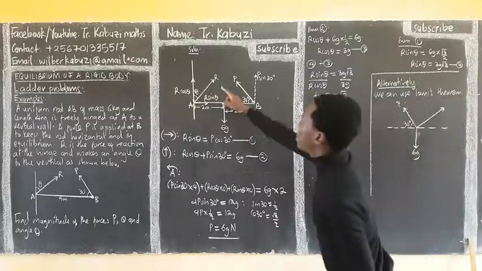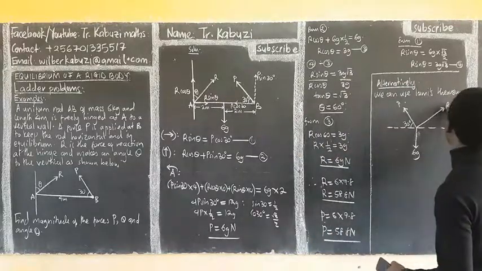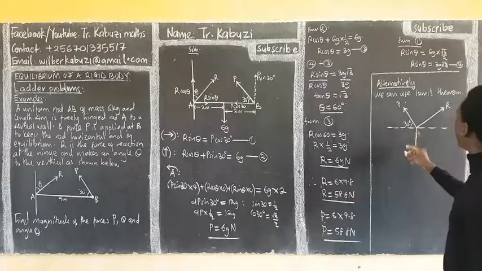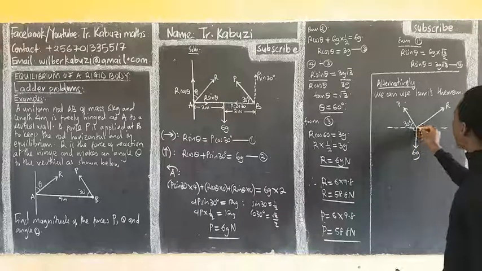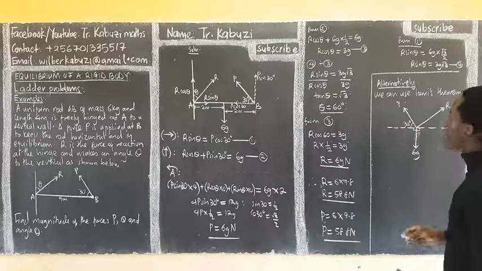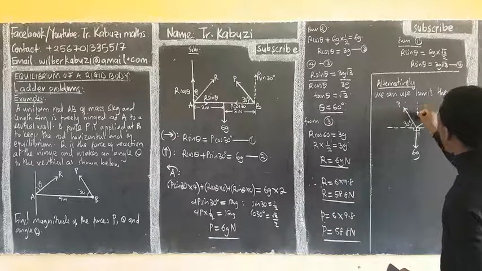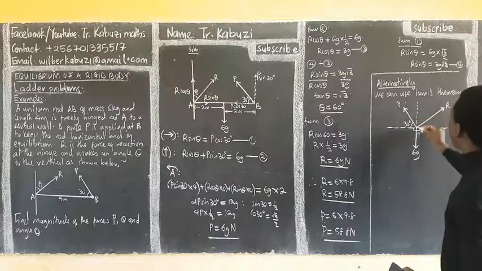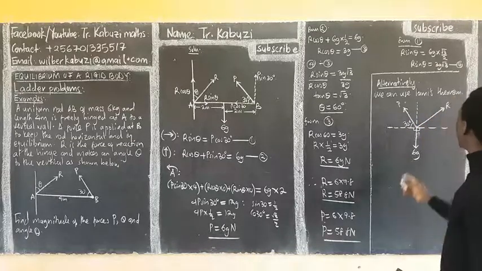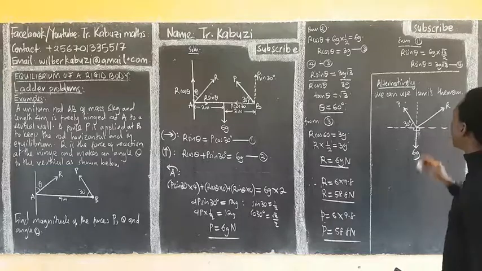This is going to be R. So remember, this is 90 and this is 90 here. And now we have seen that if this is theta, then this is going to be 90 minus theta.